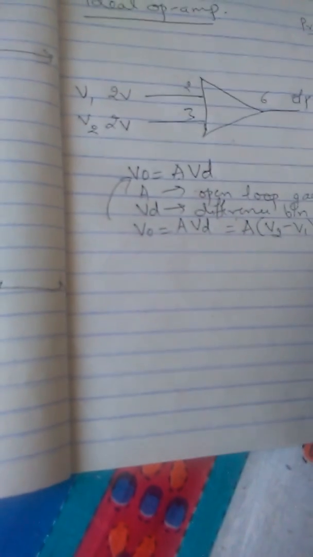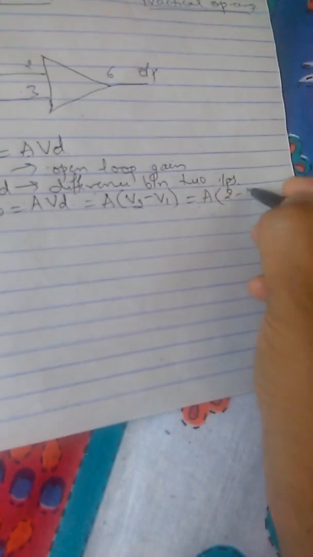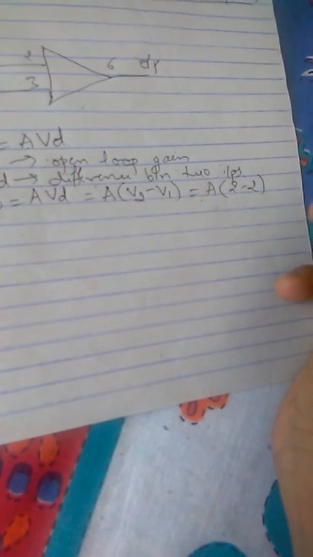So I get 2 minus 2, which means I get output as 0 volt. But in case of practical op amp, I cannot expect the same 0 volt. Whatever 0 volt we are showing over here is with respect to the ideal op amp.